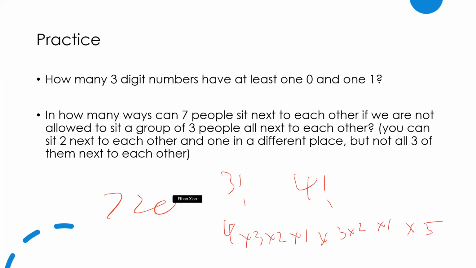So the 4 factorial is the number of ways we can sit the other 4 people. This is the number of ways we can have them all sitting next to each other. And now we just do 7 factorial to find the total number, which is 7 times 6 times 5 times 4 times 3 times 2 times 1.